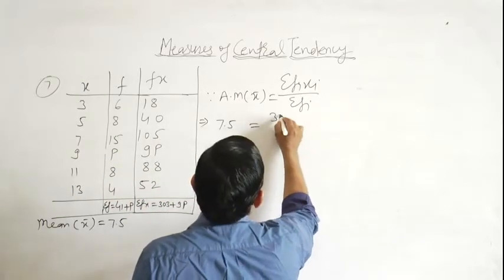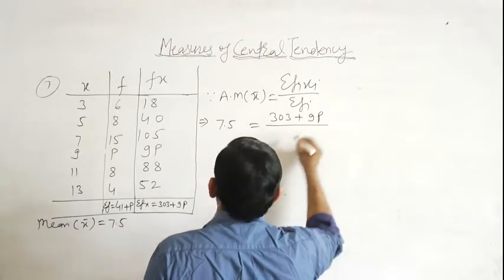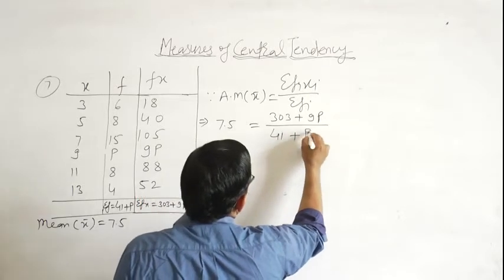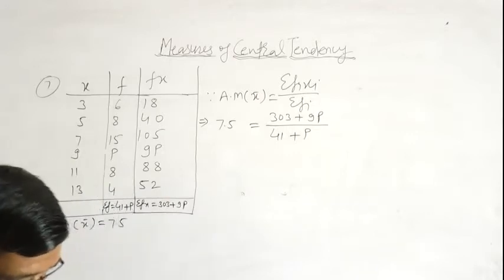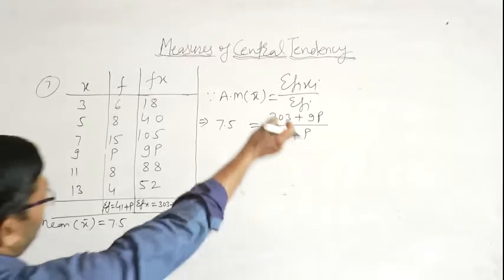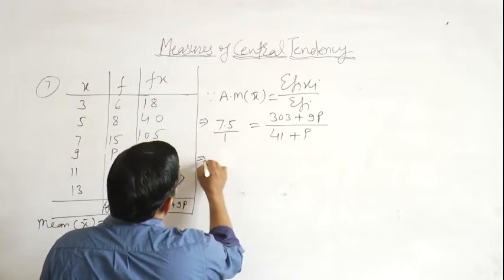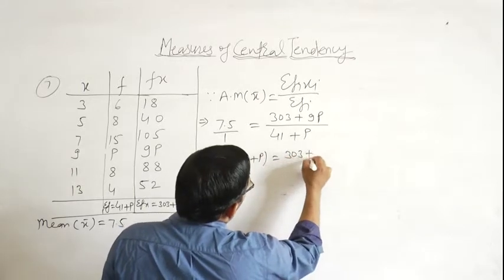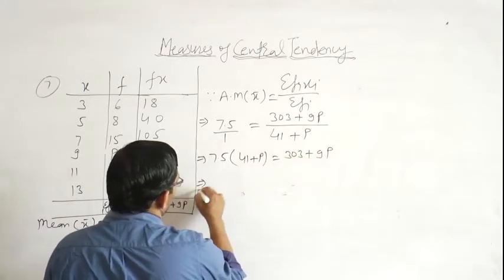Sigma fi xi is 303 plus 9p divided by sigma fi, which is 41 plus p. Now cross multiply.